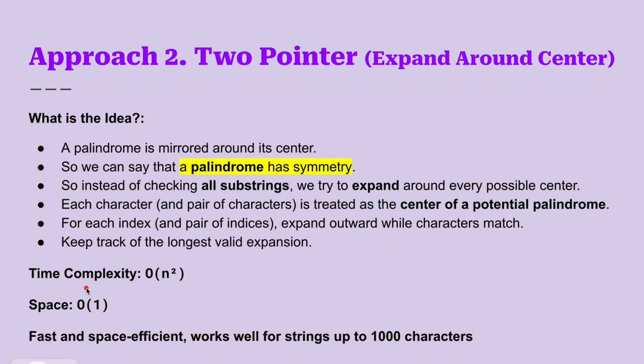Let's suppose what I'm trying to say here. Let's suppose we are given the characters A, B and A. If we take the center here, can we say that if this is an object, this is the mirror of the object?